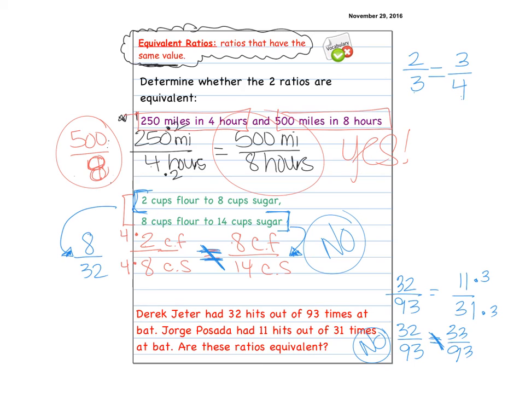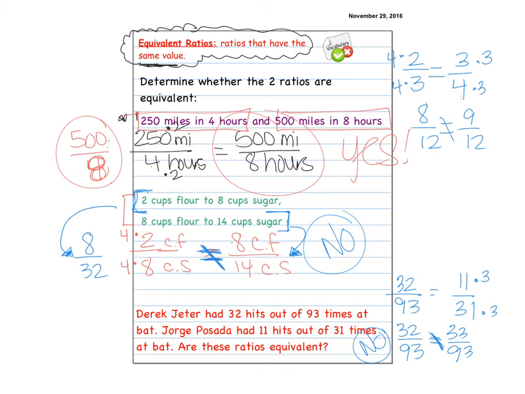So if we have something like this, we would need to find a common denominator. I know 3 and 4 can both go into 12, so I would change this to 12ths, and now I can rewrite it as 8/12 and 9/12, and then I would be able to tell that they are not equivalent.